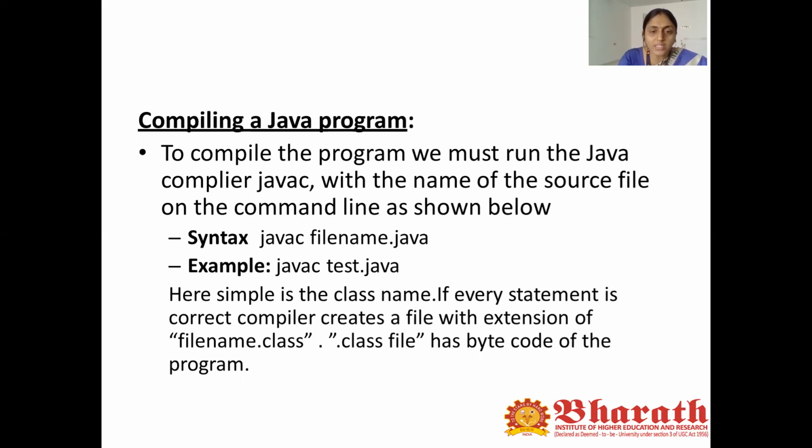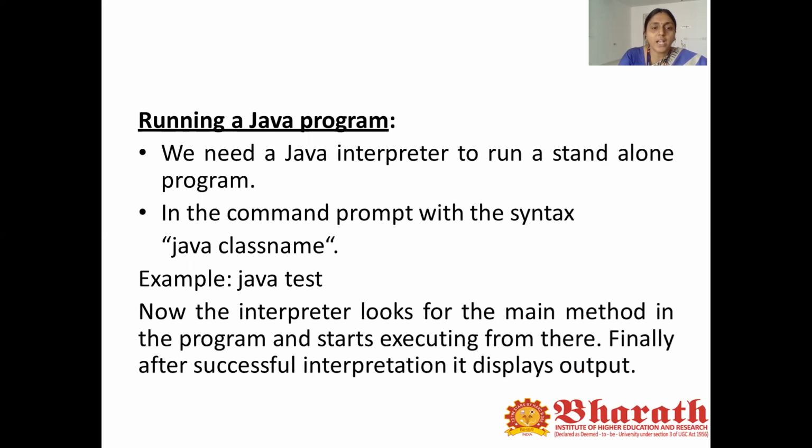When there are no syntax errors, we will have successfully compiled the program. After successful compilation, we have to execute the program using the syntax java filename, and here the .java extension is not required.